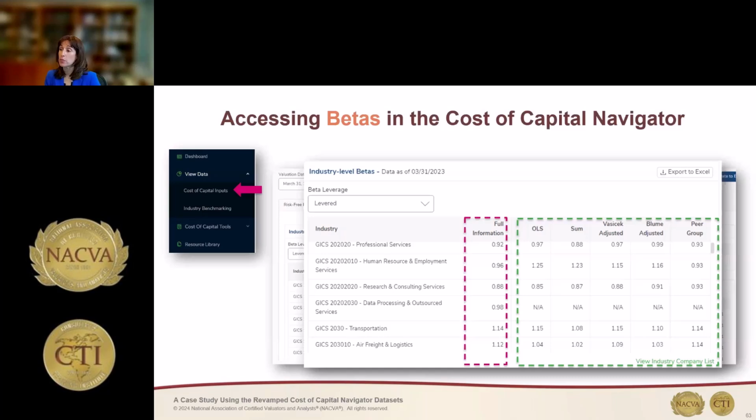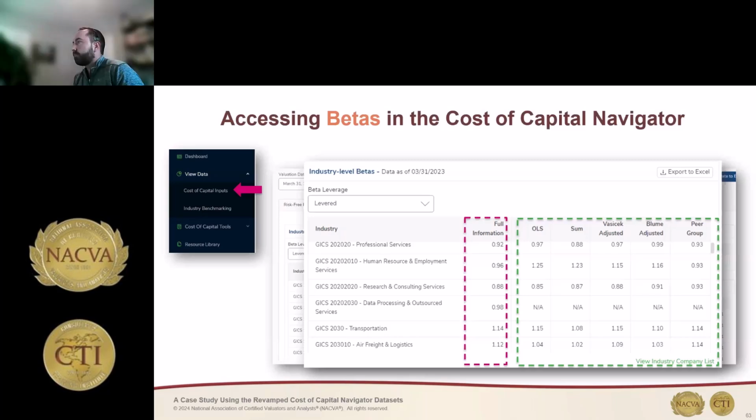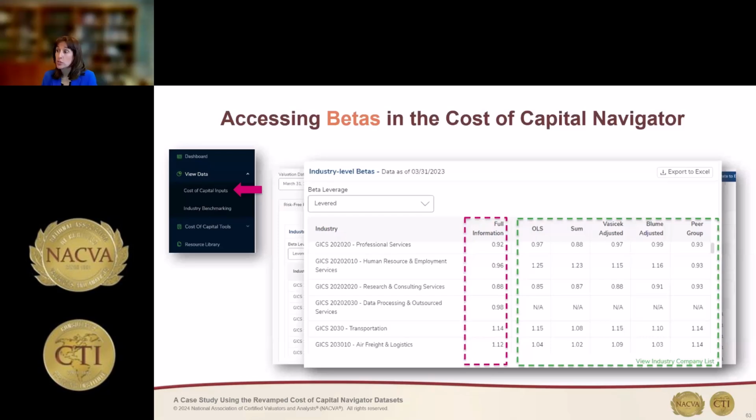And so that was part of the reason why we decided to change to GICS, the Global Industry Classification System, because that's the most widely used for all our data sources. And it's very hard to match when SIC codes don't exist anymore, and our raw data sources just have GICS.